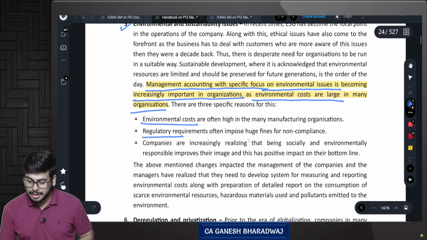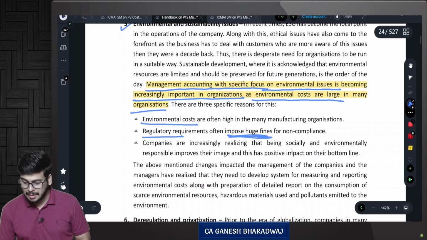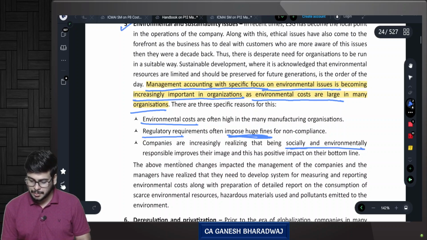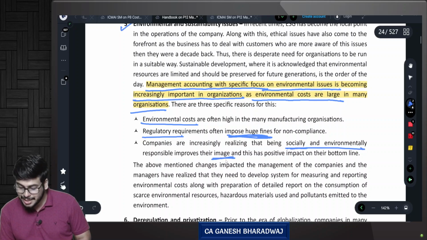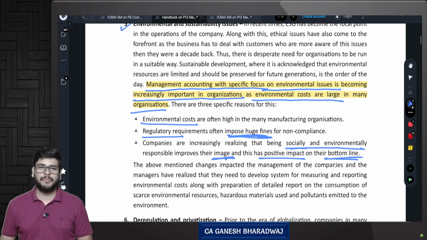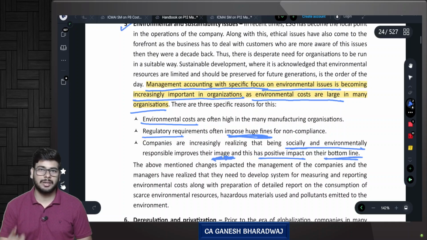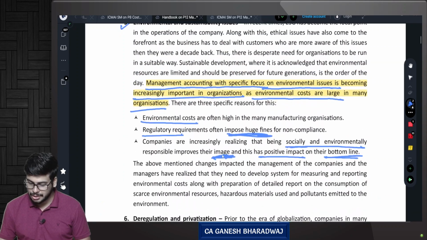Regulatory requirements impose huge fines for non-compliance, and companies are increasingly realizing that being socially and environmentally responsible improves their image, and this has a positive impact on their bottom line. Bottom line means what? Profit. Top line means sales, bottom line means profit. So it improves a very good image of the company. Now as businessmen, they themselves are realizing all these things. Are you clear with this?